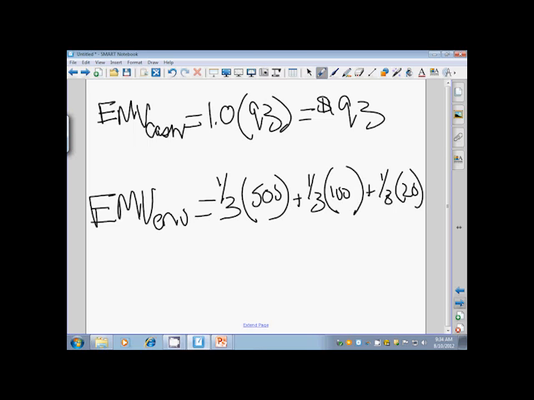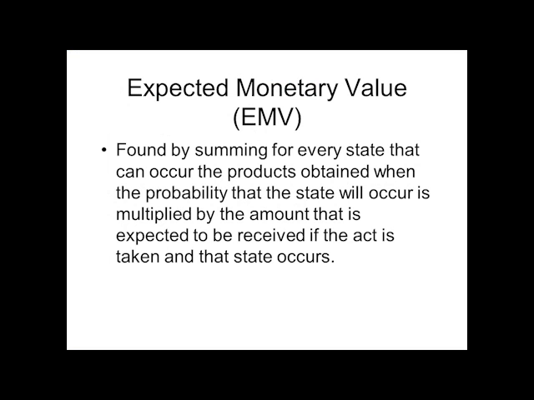Now, if we take a look back here for just a minute at the definition of expected monetary value, which is slide 5 in supplement C. It is found by summing for every state that can occur the products obtained when the probability that the state will occur is multiplied by the amount that is expected to be received if the act is taken and that state occurs.